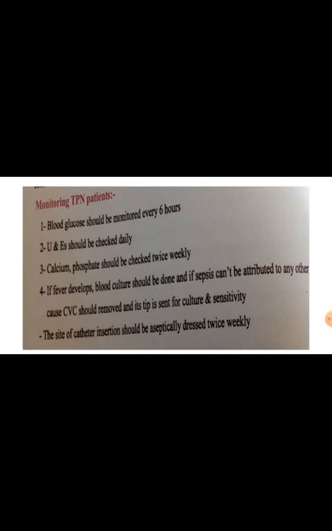The central line may be left in the patient for 2 weeks, but it may lead to severe sepsis from central line infection. So we must change the central line every 2 weeks to avoid infection, and it must be removed if the patient develops fever from this central line.